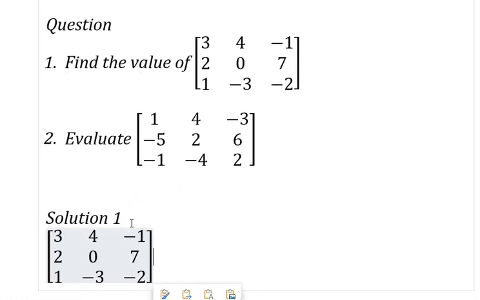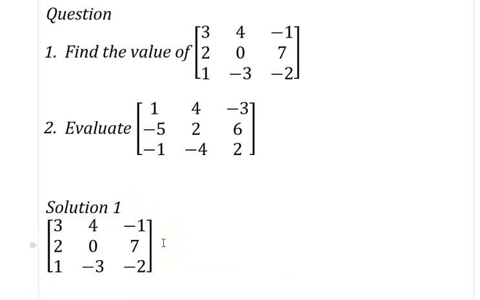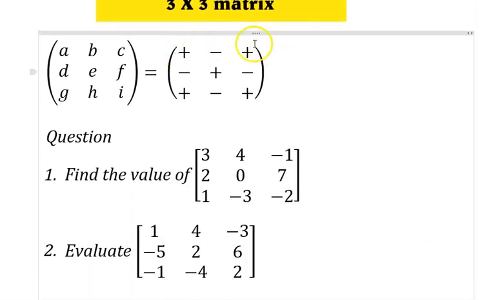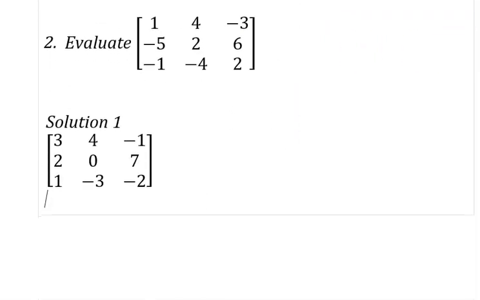Now let's see what we have. Now see how we make use of all these signs that we have here. Beautiful. So now this is how it works.